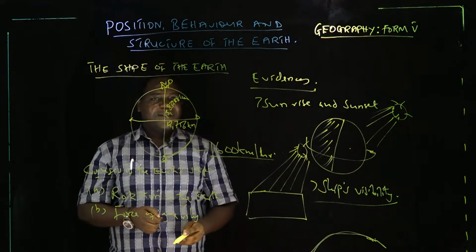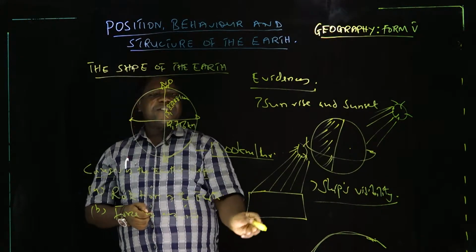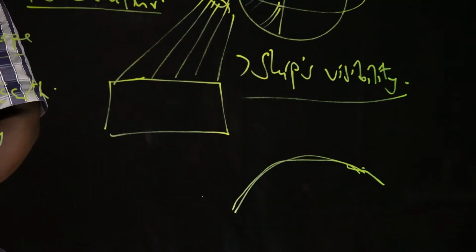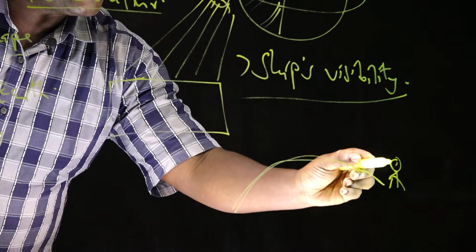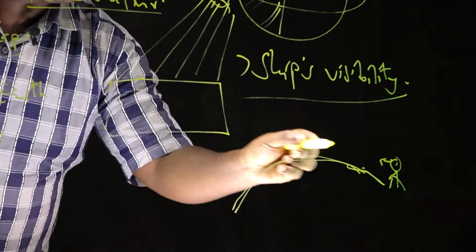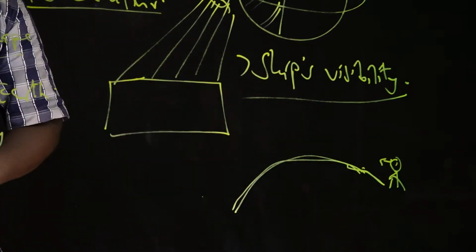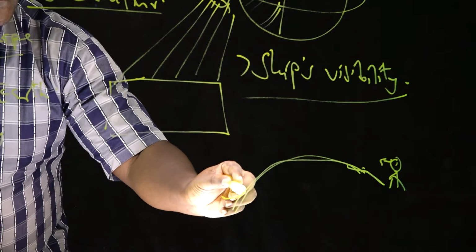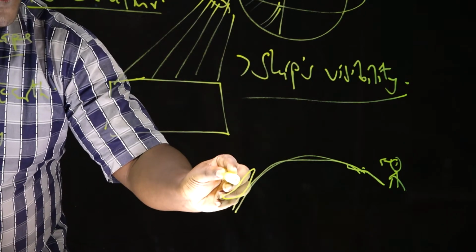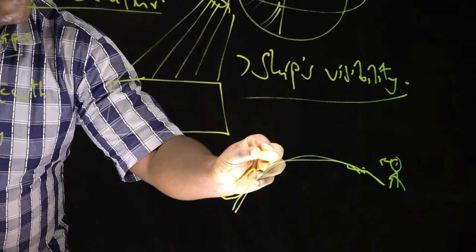It means even the water surface is occupying the shape. So if you are standing right here, looking at the ship approaching the coast, you will not be able to see it because it seems the ship is coming from this direction, coming to this direction.